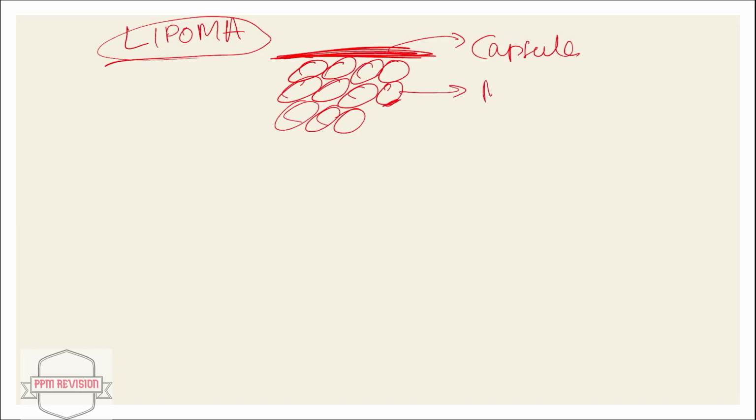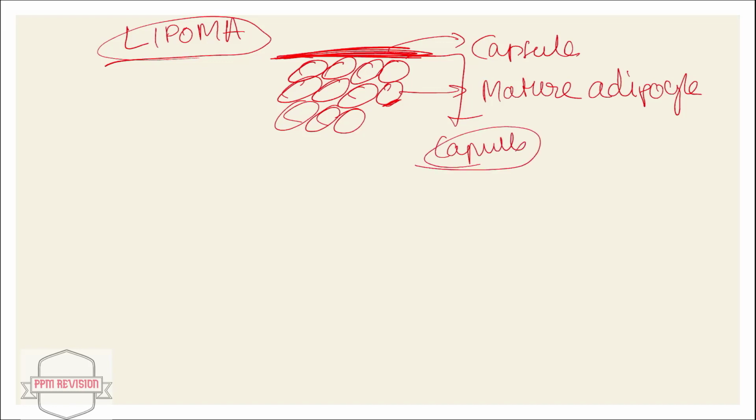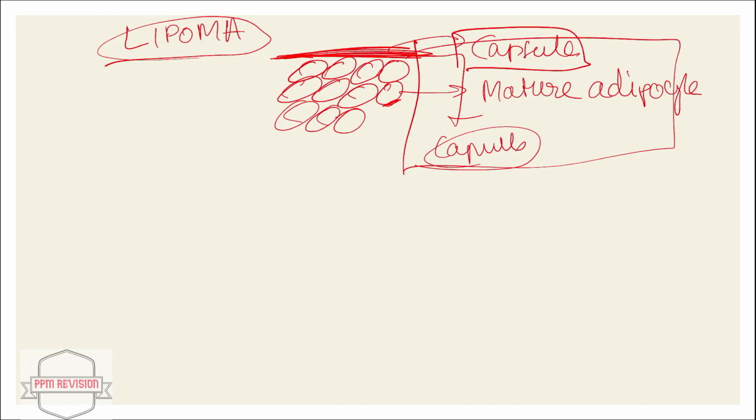This is nothing but mature adipocytes, right? And there's presence of the capsule. Just looking at the diagram it is simple. You just have a capsule. I have mentioned it twice so that you remember it, and also mature adipocytes.